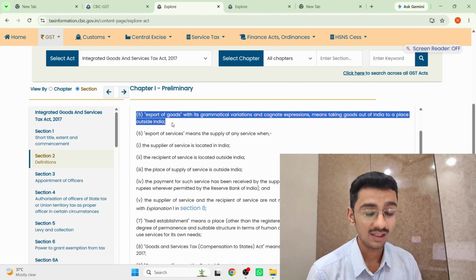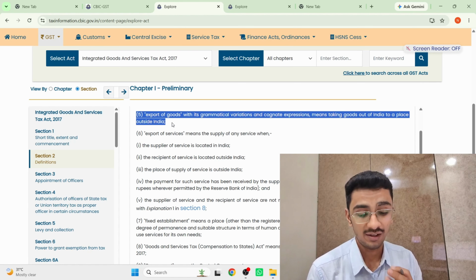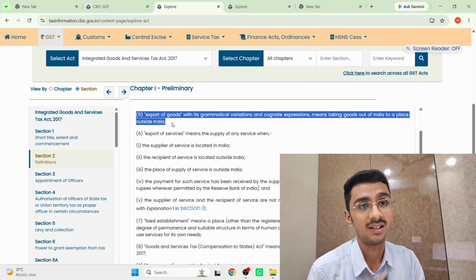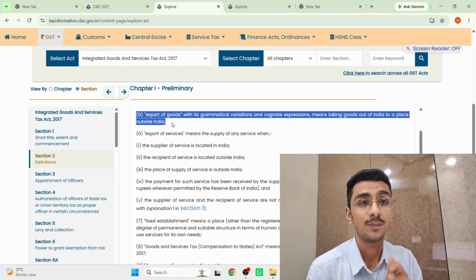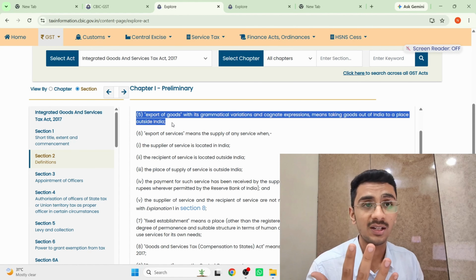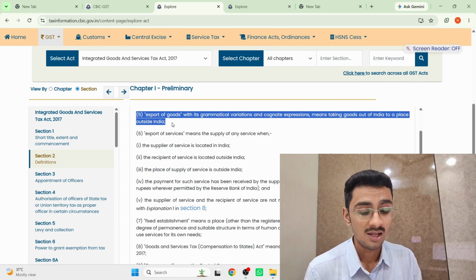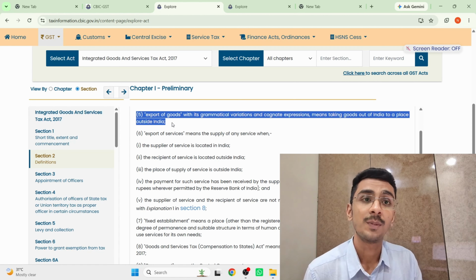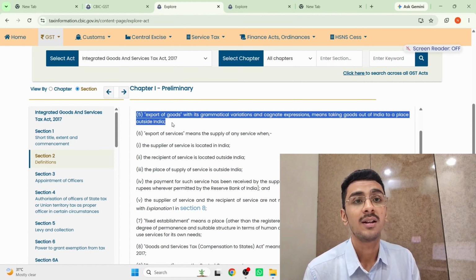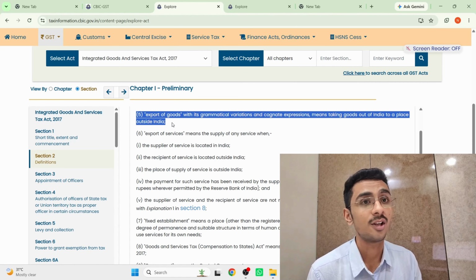And now prima facie you should understand just one thing. In case of export of goods, one condition: take the goods outside India. In case of export of services, five conditions would be satisfied. First one, location of recipient outside India, location of supplier within India, place of supply should be outside India, and the consideration which you receive should be in convertible foreign exchange.